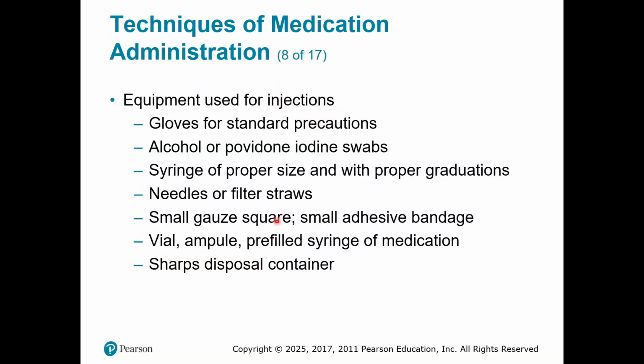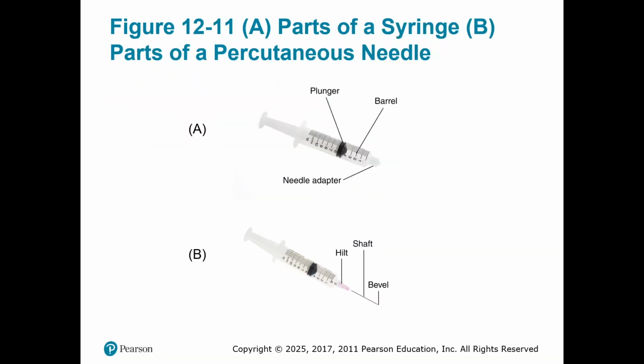Need a small gauze square and a small adhesive bandage or a Band-Aid. Need your medication vial or your medication ampule, maybe a pre-filled syringe of medication. And need to know where your sharps container is, right? Because after I do this, I'm going to need to drop that in the sharps container.